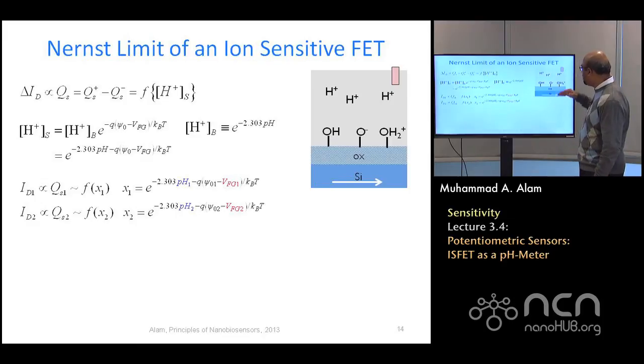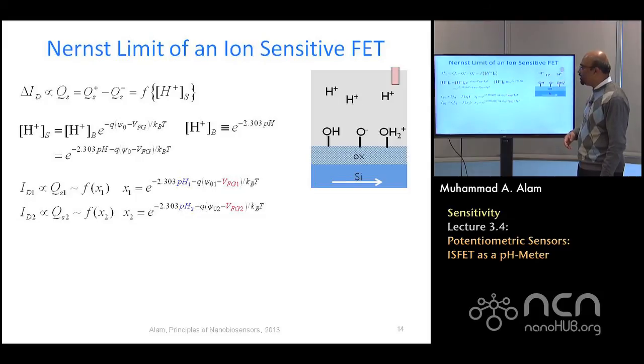So the recipe is very simple. You add some acid or change the pH, the current changes, and you change the reference gate potential until this current returns back to its original value. And you note down the change in the reference gate potential.